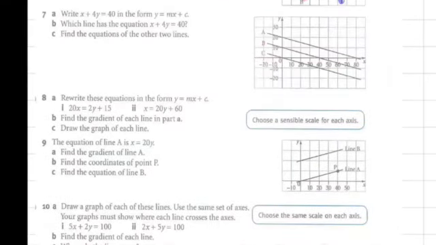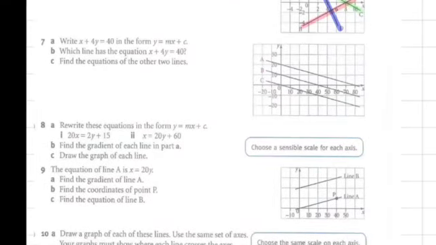Okay, number 7: write x plus 4y equals 40 in the form y equals mx plus c. So let's just write it. 4y equals 40 minus x. y equals 40 divided by 4 is 10, minus x over 4. y equals negative x over 4 plus 10. So which one can we say is the graph?